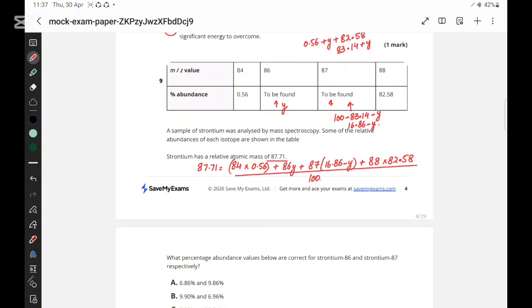So after solving them, we are going to have the final value, which is 87.9 minus y, equal to 8771, and y comes out to be 9.90.